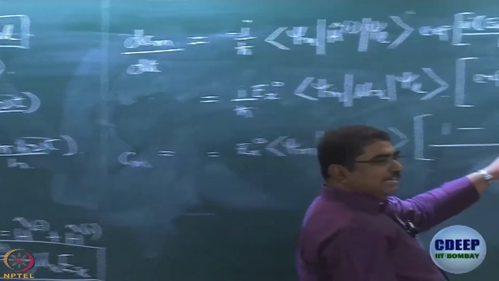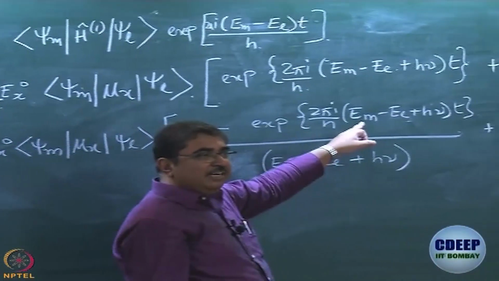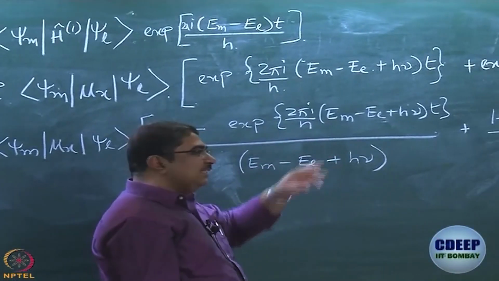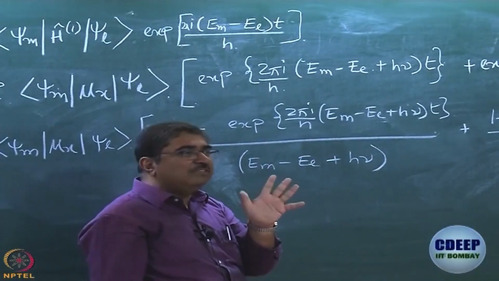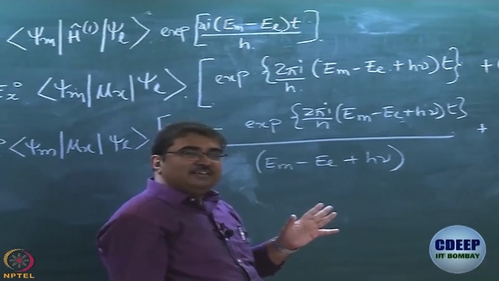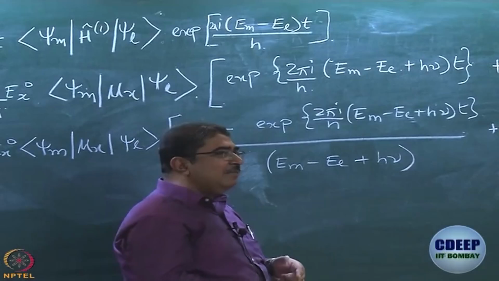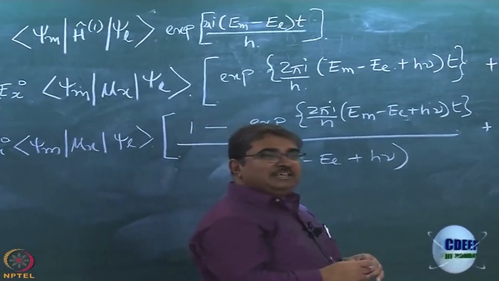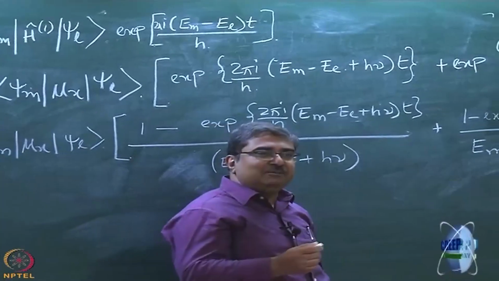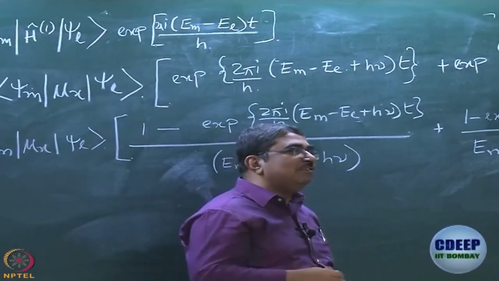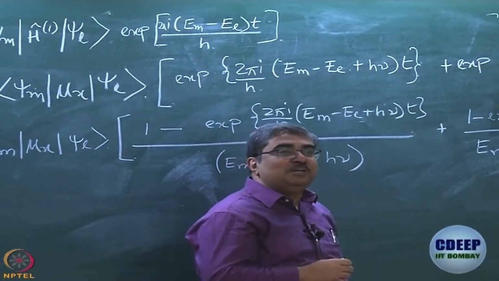We are dividing by h, right? Here, dividing by h means what? H is a very small number. What is the value of h? If I may digress a little bit, a favorite question in BSc when I was a student was: what would happen if h was equal to 1?